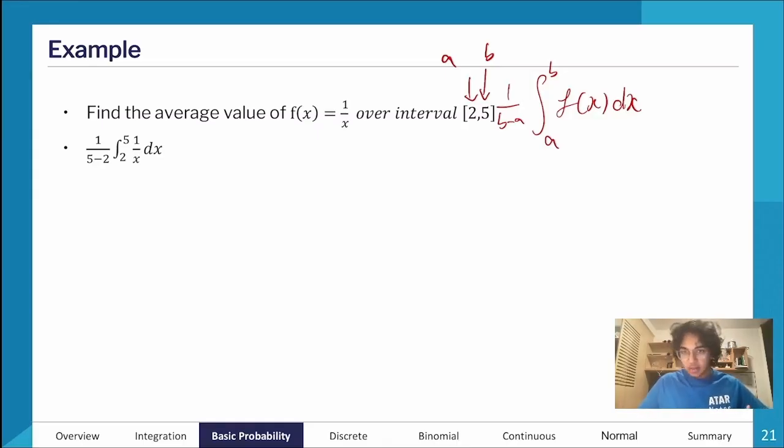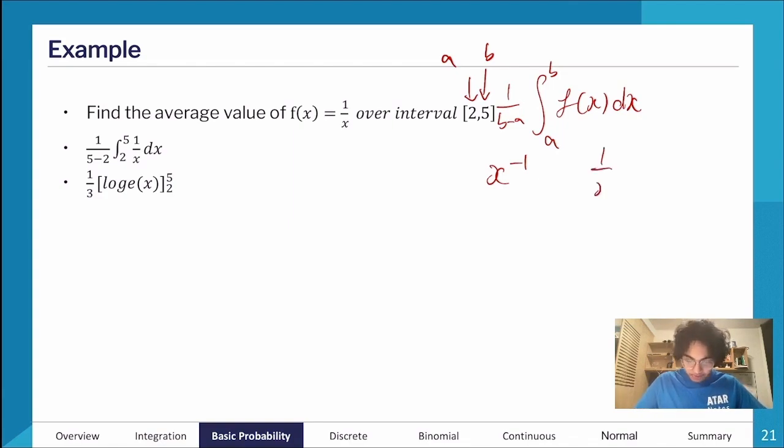So I annotate the question, and then I substitute my values in, hopefully correctly, and then it's just a matter of integrating. From that integral table that I showed a while ago, with 1 on x, you can't integrate it as if you were integrating x to the power negative 1, like a polynomial.